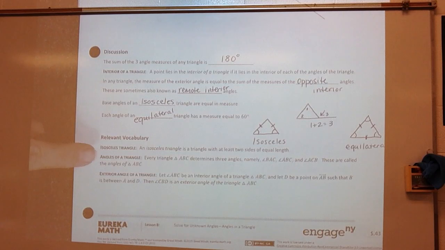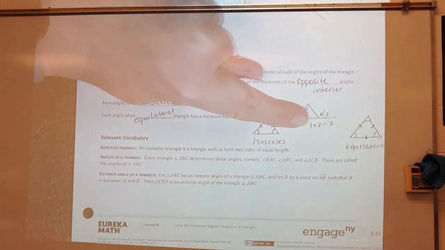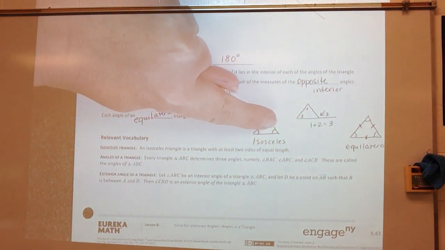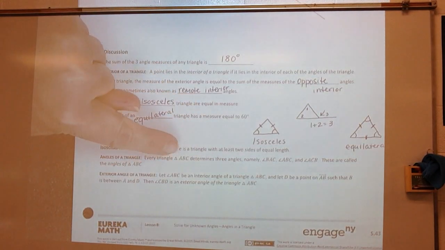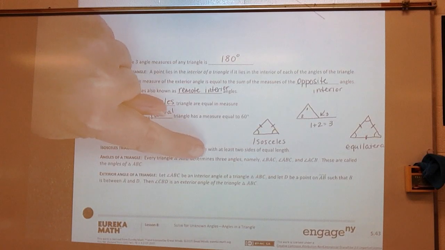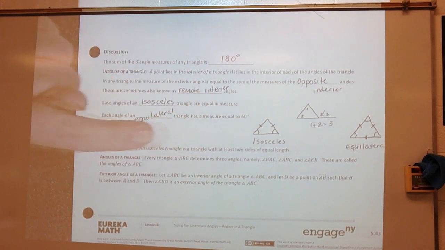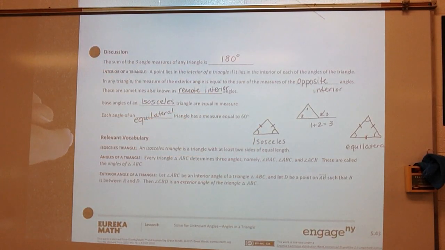All right? So really quick relevant vocabulary: an isosceles triangle has at least two sides of equal length. Angles of a triangle: every triangle ABC determines three angles, namely angle BAC, angle ABC, and angle ACB. These are called the angles of triangle ABC.